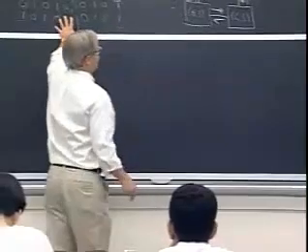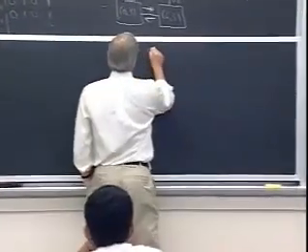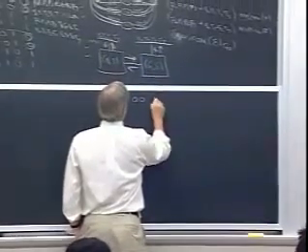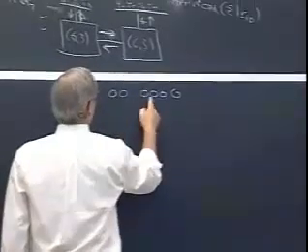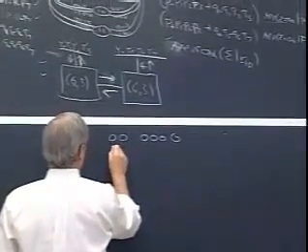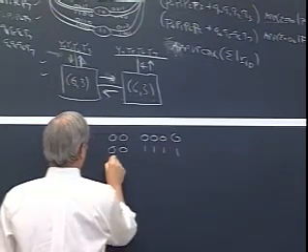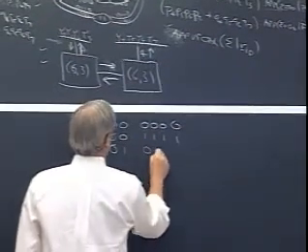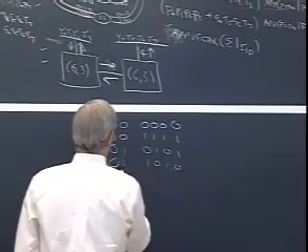Let me move this up now. So let's talk about this 6.3 code. What does it look like? With state vector 0, 0, I can have y4, y5, y6, y7 be 0, 0, 0, 0, or I can have it be 1, 1, 1, 1. With state vector 0, 1, I can have 0, 1, 0, 1, or I can have 1, 0, 1, 0.